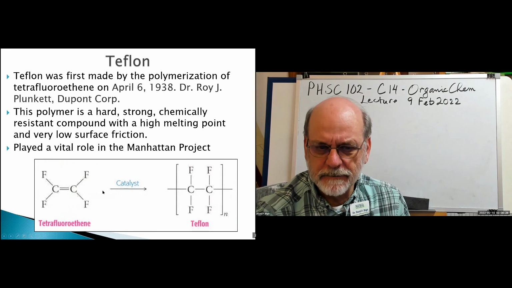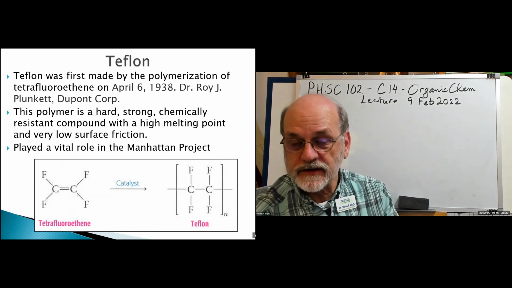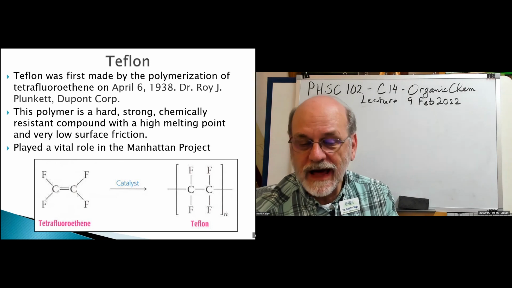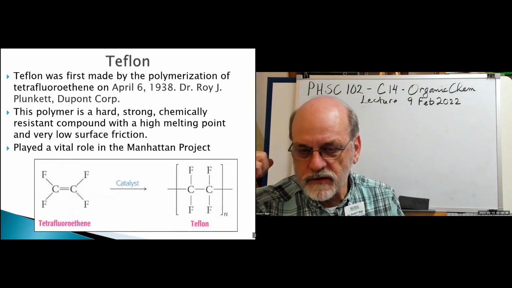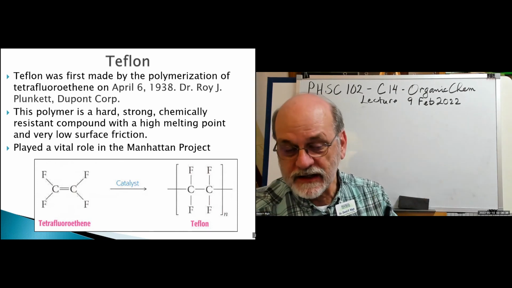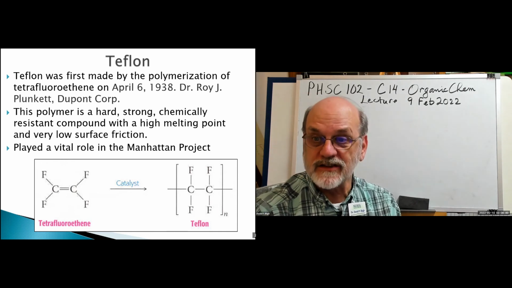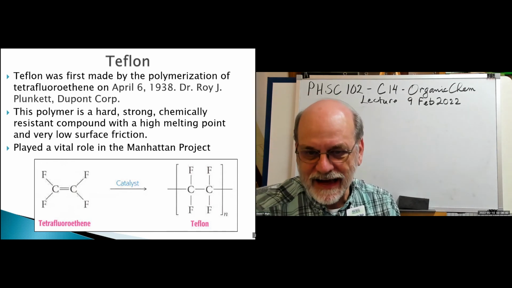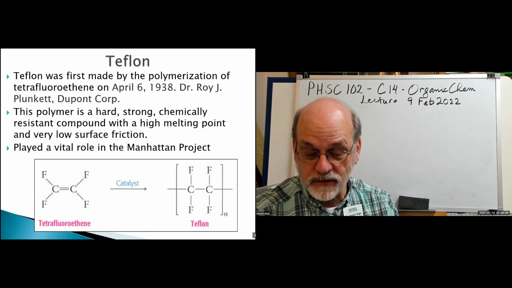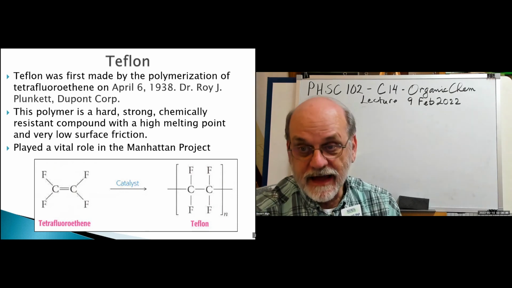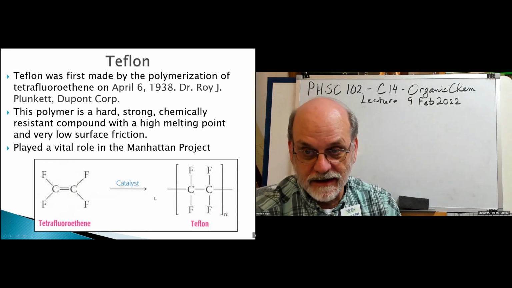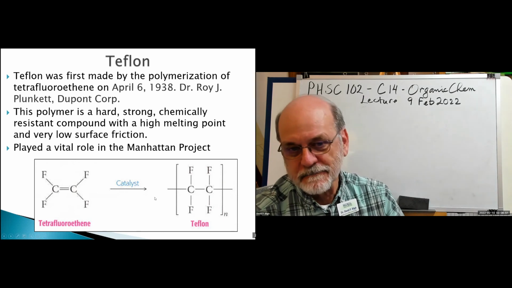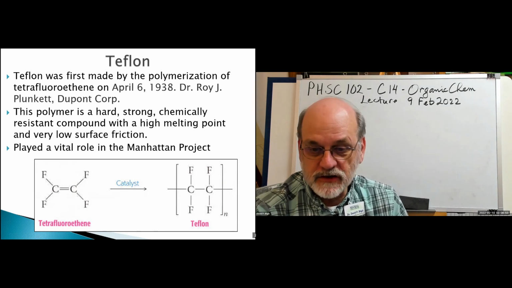He left a fluorocarbon in a reaction vessel at high temperature and pressure overnight. I don't know if he forgot about it or he was trying to make something else, but the next morning they came in and they found this gooey white stuff in there. And they dug it out and characterized it and found that they had really done something magnificent. And they just went on from there.